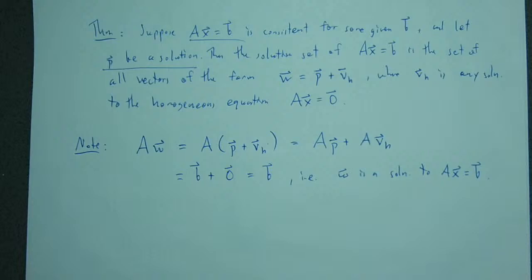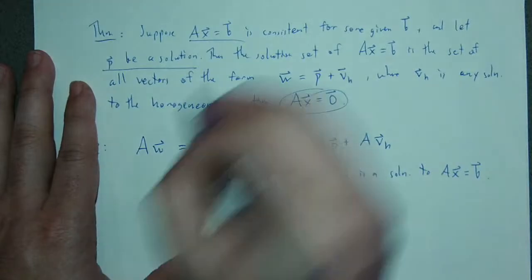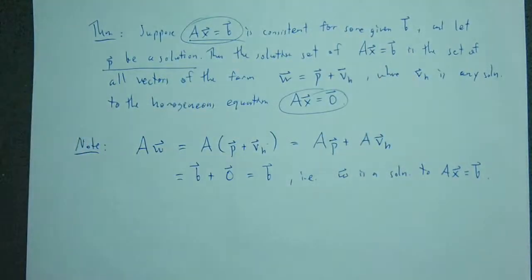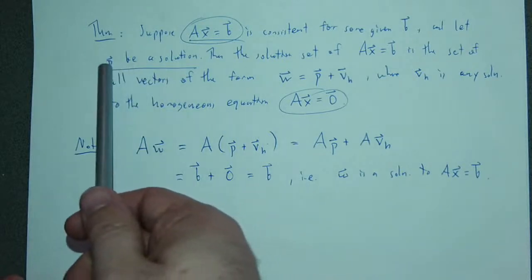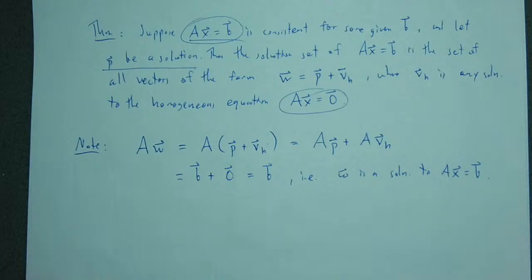This is nice because essentially it says that the solution sets for the homogeneous equation Ax equals 0 and the non-homogeneous equation Ax equals b have been offset by this vector p. I use the p there because this is the particular solution.